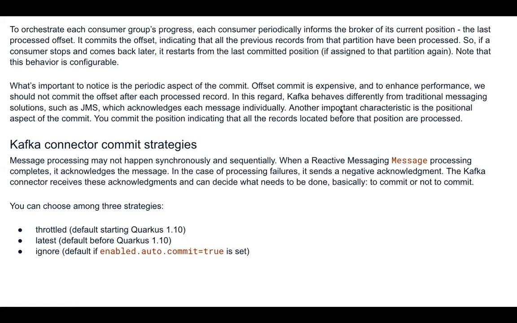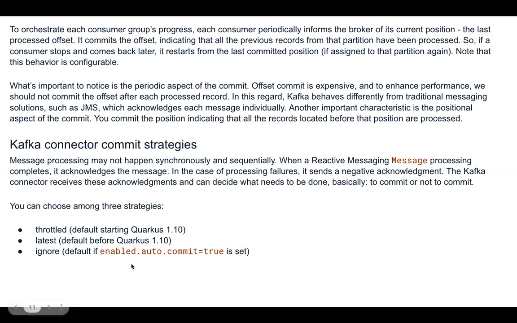Now, the frequency of this commit has to be kept in mind. It cannot be too frequent, because that will hamper performance, since every time you consume a message, you would have to commit. This is how Kafka differs from other messaging services such as JMS, which acknowledges every single message.